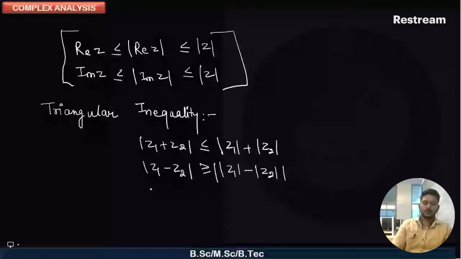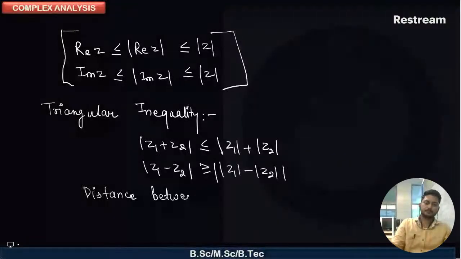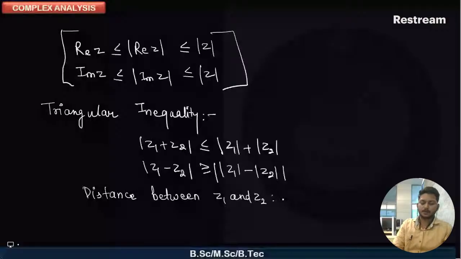So the distance between z1 and z2 is mod z1 minus z2.